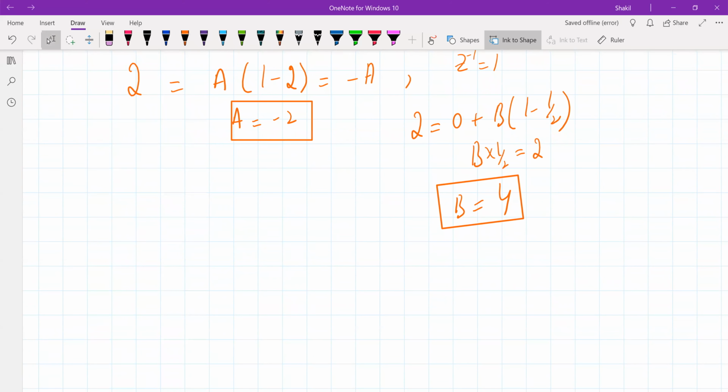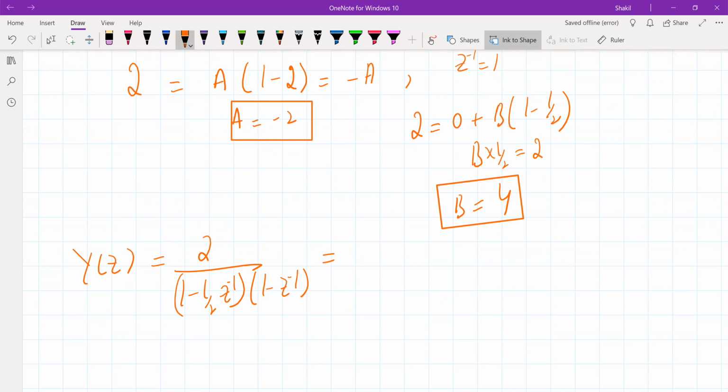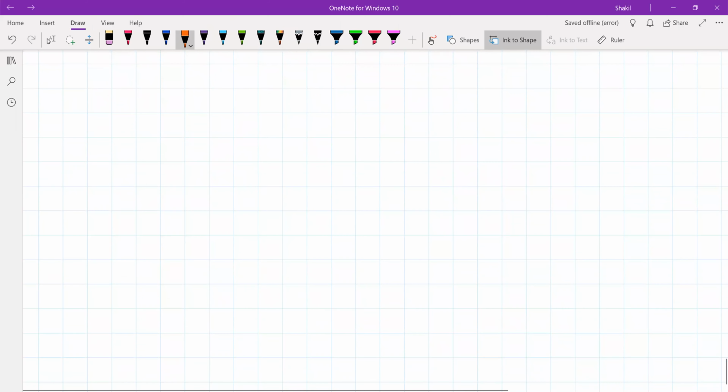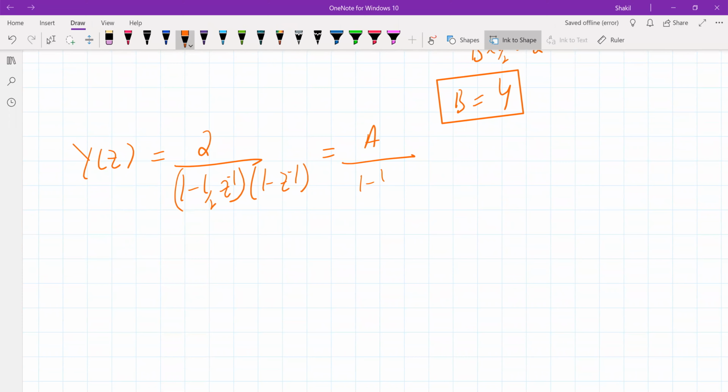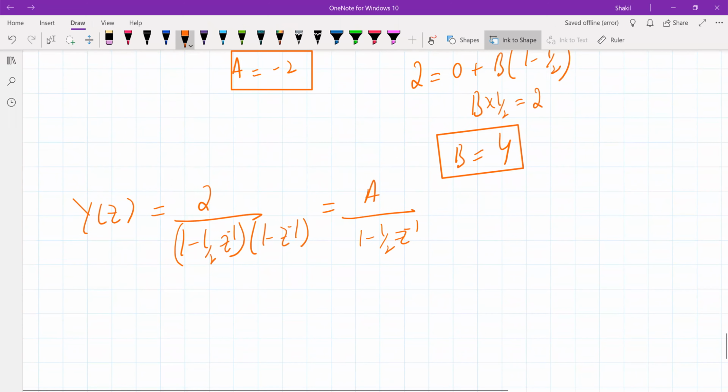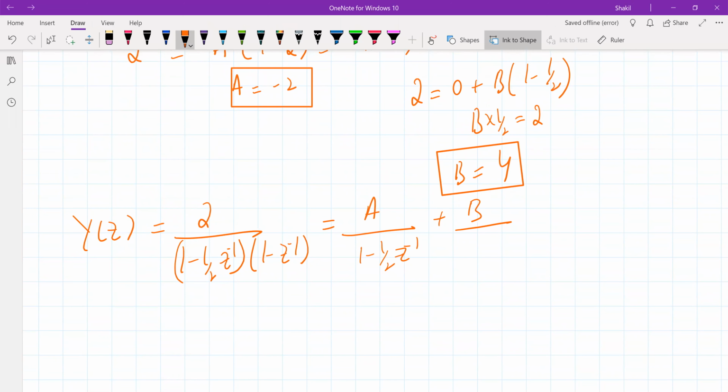So now we can write Y(z), which is defined as 2 divided by (1 minus 1/2 z inverse) times (1 minus z inverse), as A divided by (1 minus 1/2 z inverse) plus B divided by (1 minus z inverse).